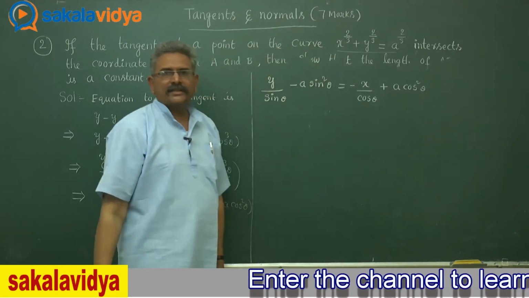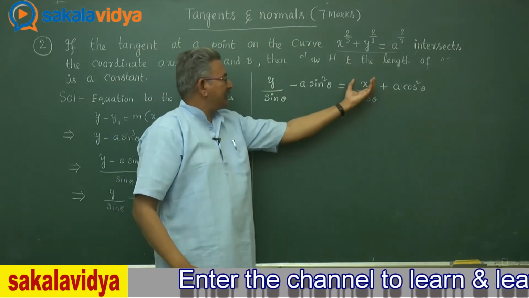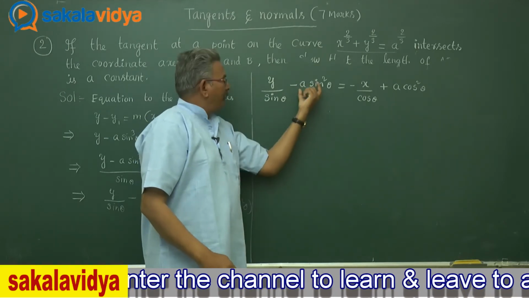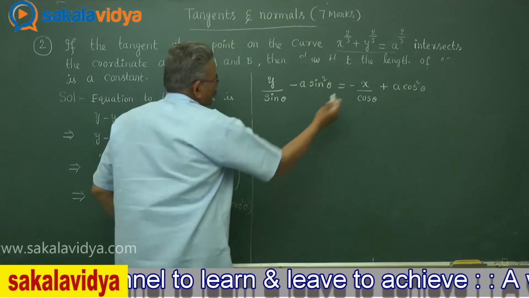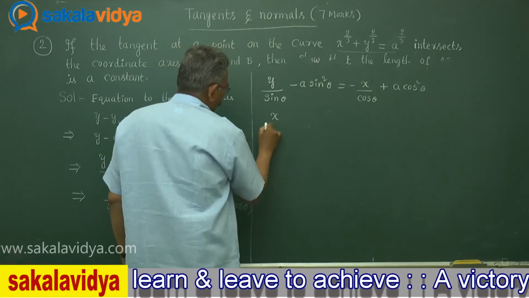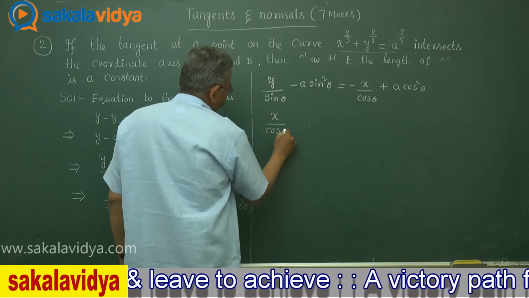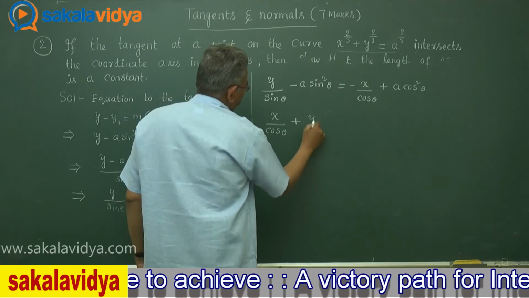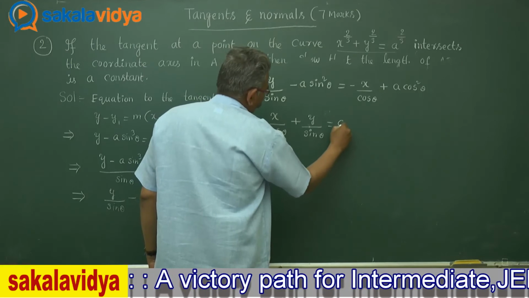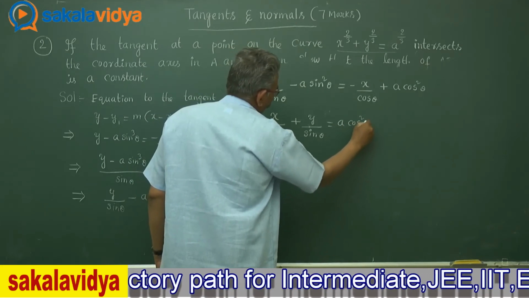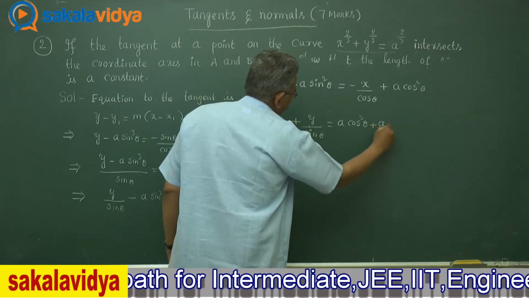So just transpose minus x by cos theta to this side and minus a sin square theta to the right hand side. Now it becomes x by cos theta plus y by sin theta equals a cos square theta plus a sin square theta.